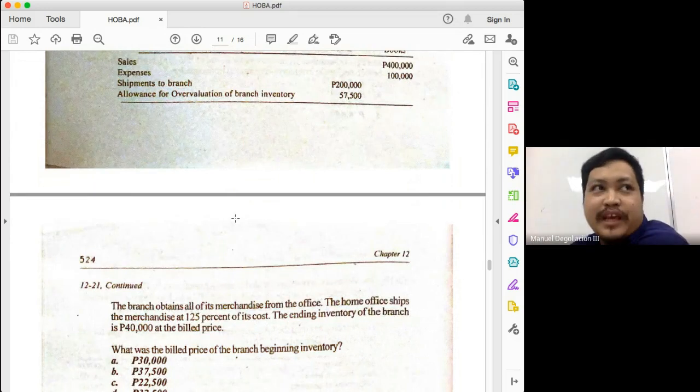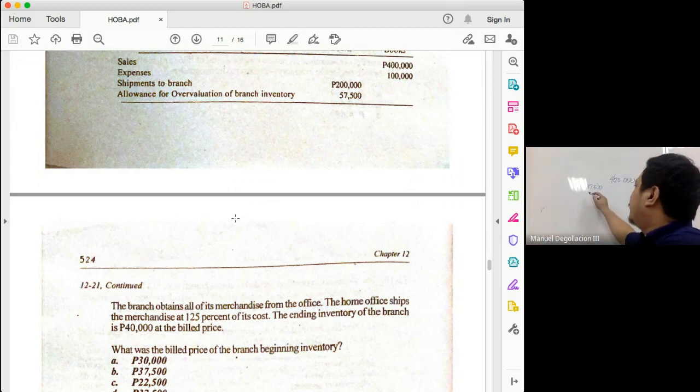Shipments from home office, 300? Is it 200? Shipments to branch is 200. So how much then is the shipments from home office? 200.